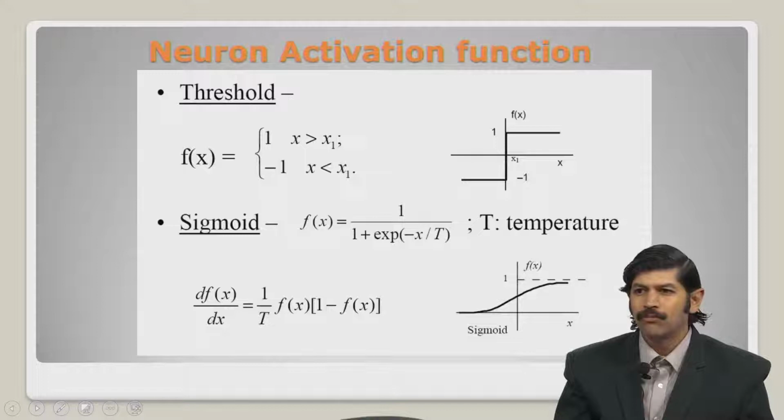So being engineers, our job is to figure out the correct values of w1, w2 and theta, so that for all the possible 4 combinations, it's a 2 input system, so there are 2 to the power 2, 4 possible combinations, and these are those 4 combinations 1, 2, 3 and 4.